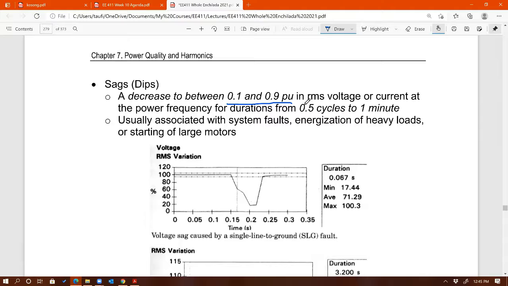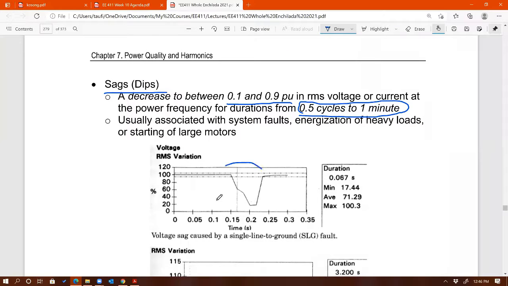So if the voltage goes down to between 0.1 and 0.9, or 10% to 90% of the nominal value, for a duration, and this is very specific, between 0.5 cycles and 1 minute, then we call that voltage sags.